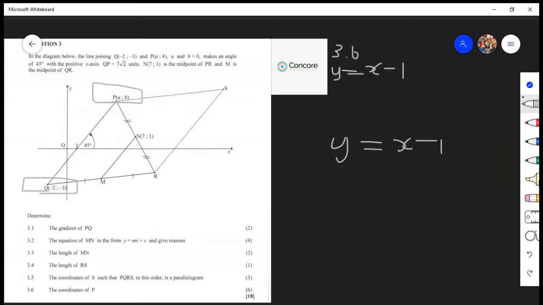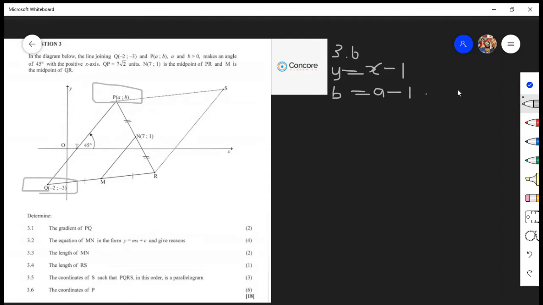So from here we can substitute our values of P, which is B is equal to A minus 1. Okay, that can be our first equation.